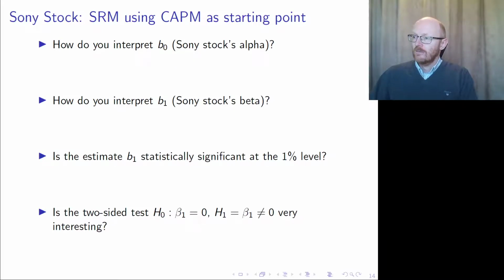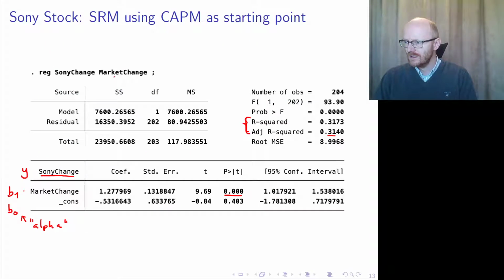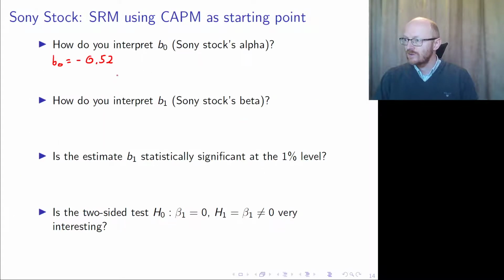And how do you interpret the B naught, the alpha? Well, the B naught, it's negative 0.53, it should be 0.532.